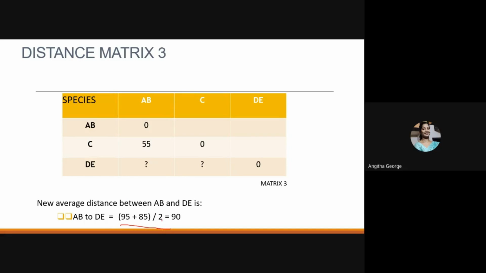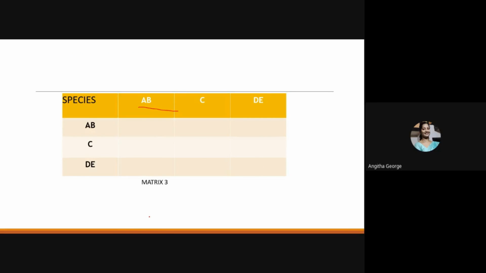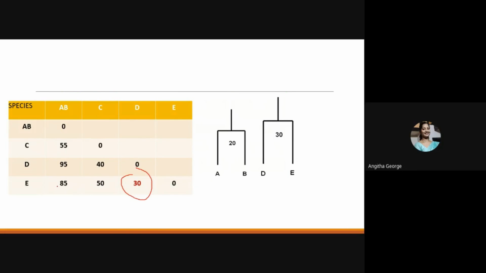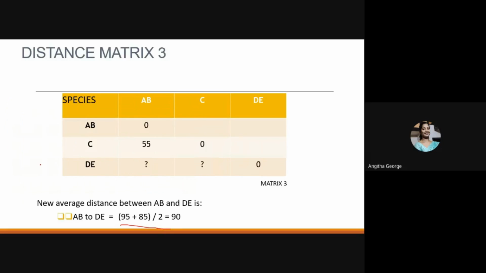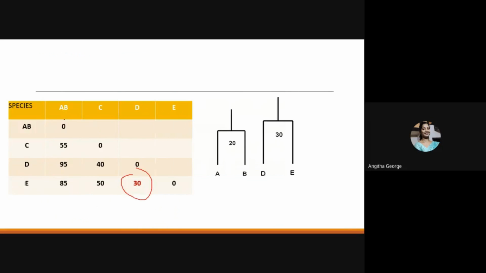How do you get 95 plus 85? We have to take the previous distance matrix, that is this matrix, the last generated distance matrix. So that means the distance between AB to D and AB to E. So what is the distance between AB to D?